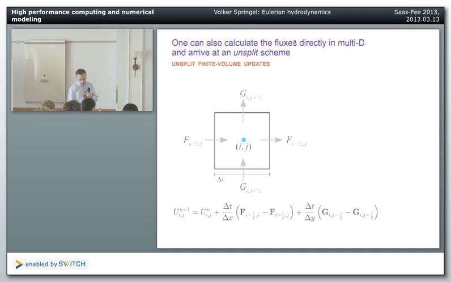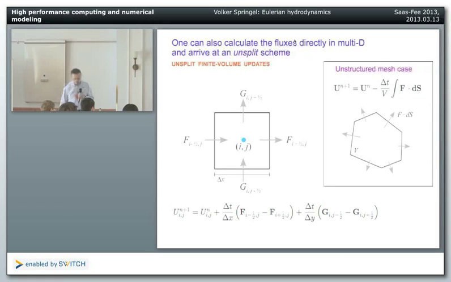You can also come up with unsplit schemes where you calculate the fluxes simultaneously in the x direction and the y direction, and then you update the states in one go, like this. This is called an unsplit scheme. Such unsplit schemes are also possible, for example, for unstructured meshes.